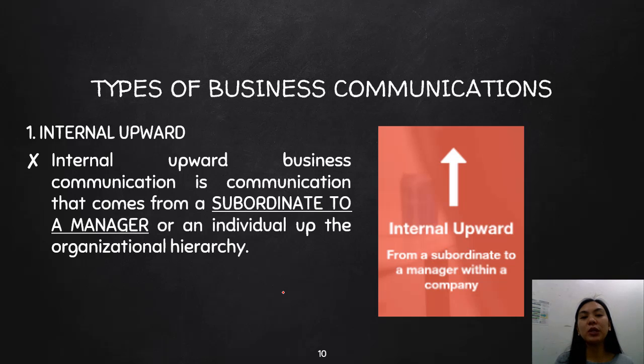That type of communication is from a subordinate to a higher-ranking official, which is the dean. So that means that type of business communication is actually internal upward. Basta galing ka sa baba and you are going to address a communication to one with a higher rank than you, then it is a type of internal upward communication.